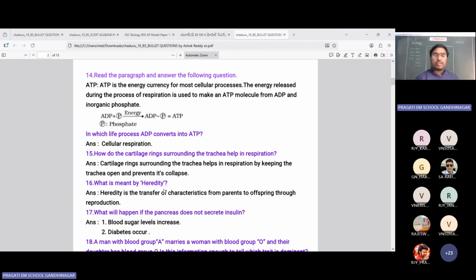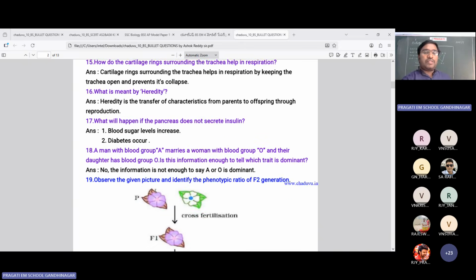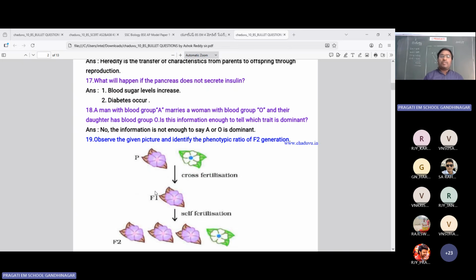Now 17th question. Please observe the 17th question, children. What will happen if pancreas does not secrete insulin? What is the function of insulin, children? Which gland releases insulin? Insulin is secreted by the pancreas.